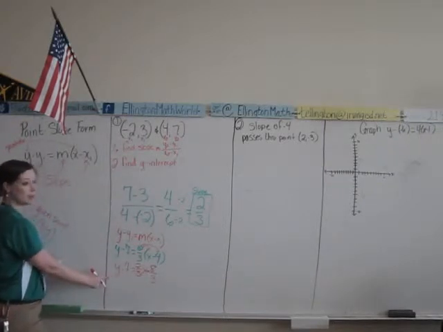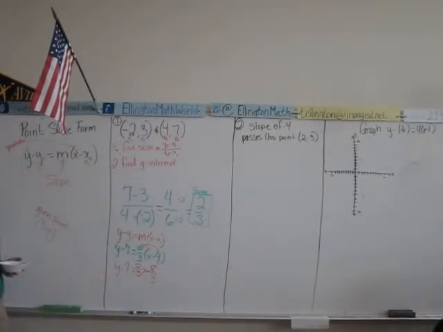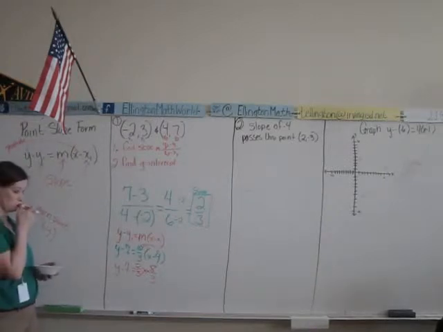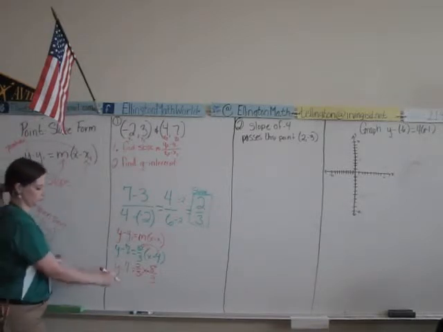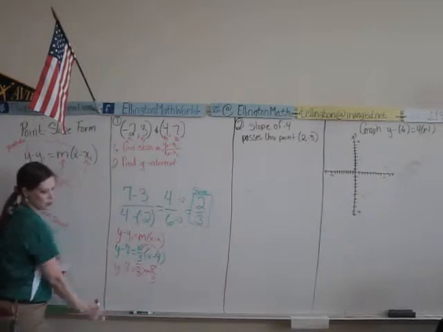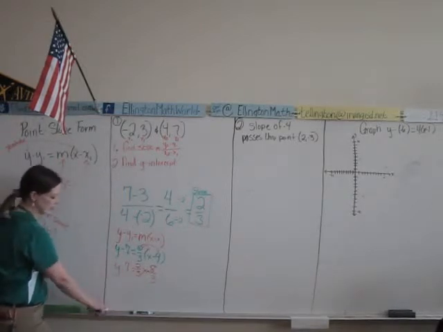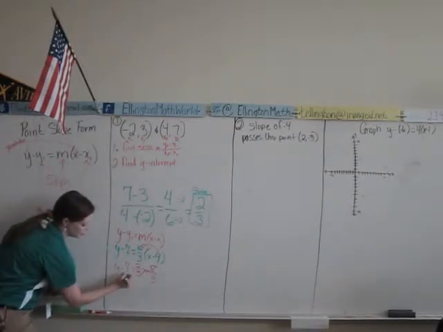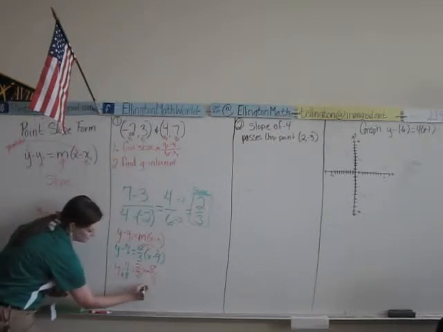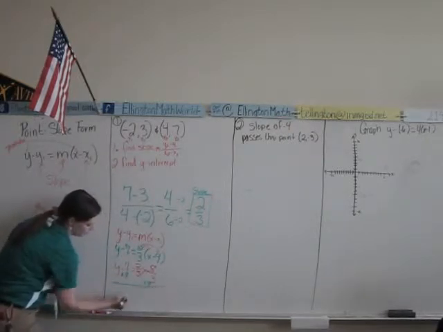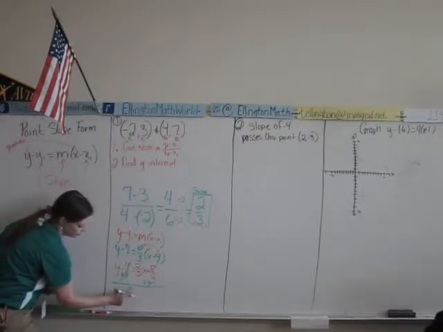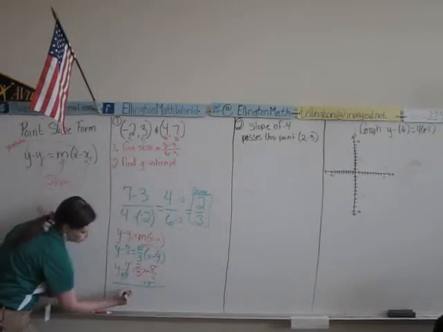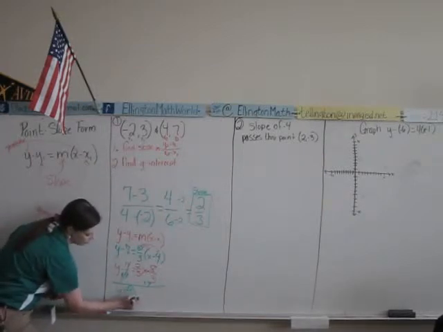Now, do I have y by itself yet? You don't have to put it in as a fraction over 1. You put the whole 4 in there in the calculator and it'll give it to you. Now I need to get this 7 over here. It's minus 7 on this side, so I'm going to add 7 to both sides. I cancel out here and I end up with y equals 2/3 x.